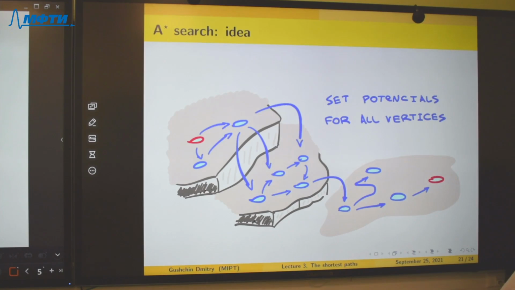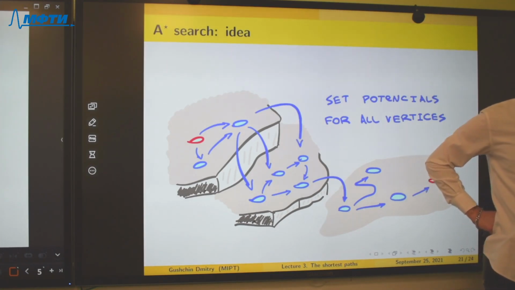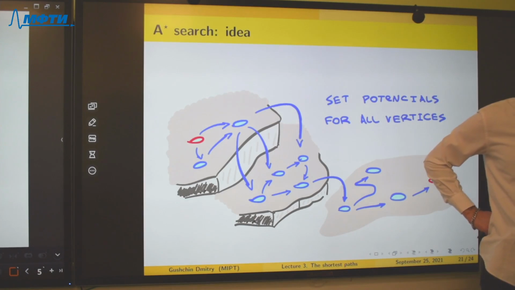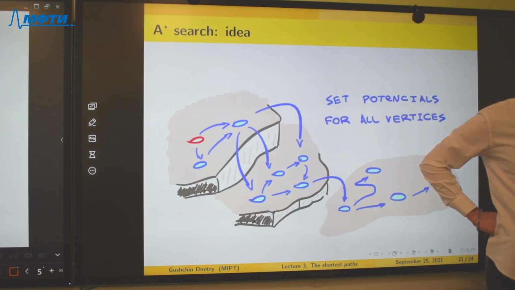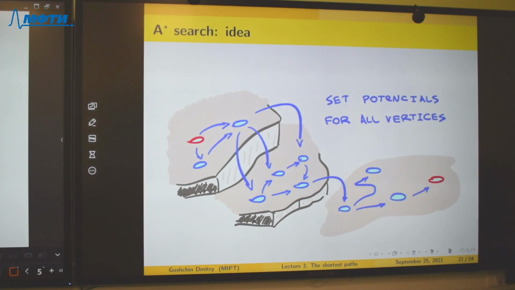It's similar to Dijkstra algorithm, but it has improvements and it contains important ideas, I think. About ideas.